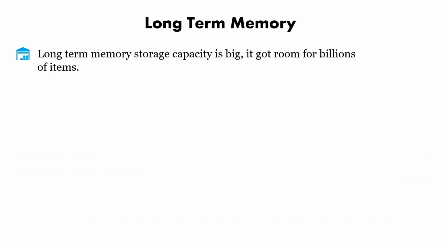Long-term memory storage capacity is big. It has room for billions of items. Our long-term memory, as opposed to the short-term memory, has a very big memory capacity, and you can store a lot of information. Billions and billions of pieces of information are stored in our long-term memory.